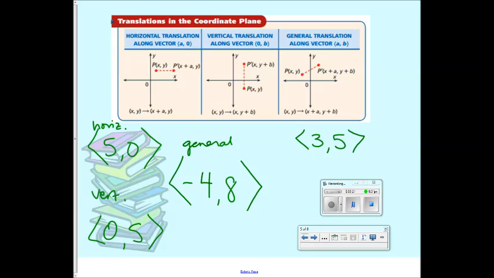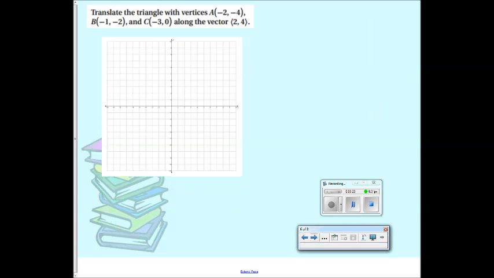Okay? All right, so translate this triangle with vertices A (-2, -4), B (-1, -2), and C (-3, 0) along the vector <2, 4>, which means describe that movement for me. Is it horizontal, vertical, or general? General. Which way is it going to move?